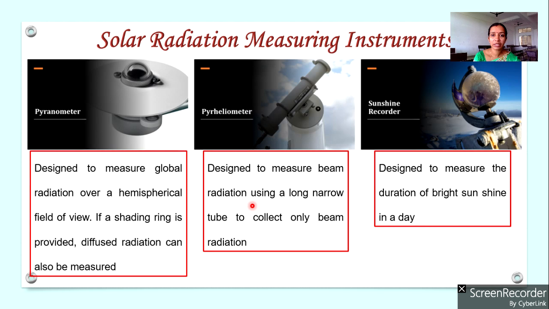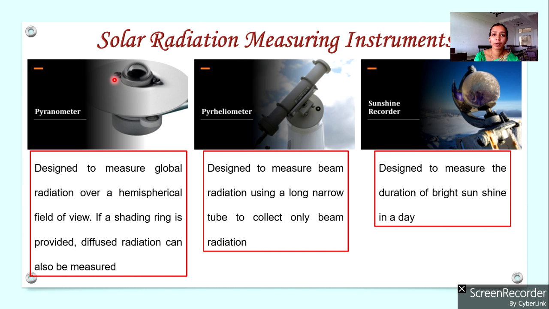So in this lecture we will be seeing some of the solar radiation measuring instruments. So first one is the pyranometer, and a pyranometer is used for measuring the global radiation or the total radiation over a hemispherical field of view. So it can not only measure the global radiation but also the diffused radiation can be measured.